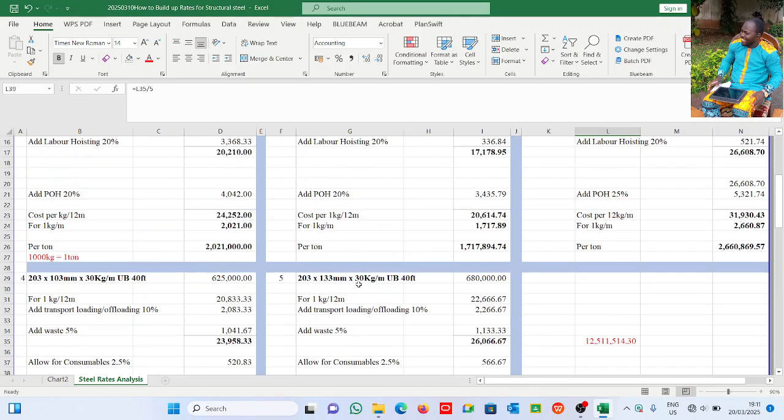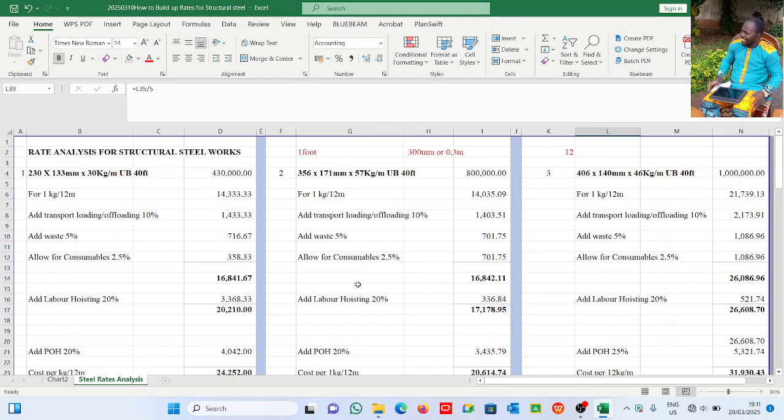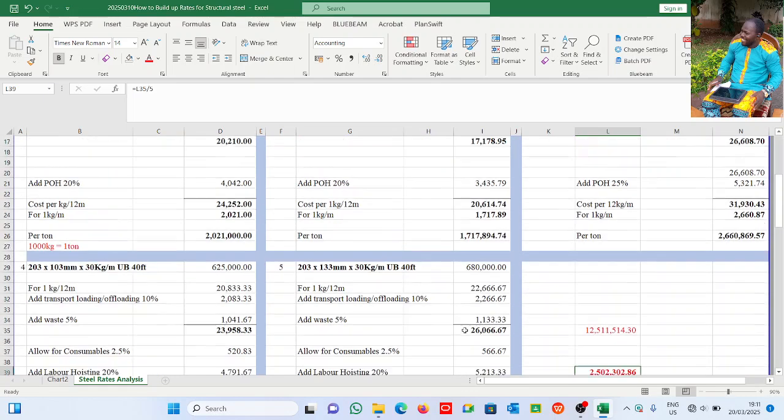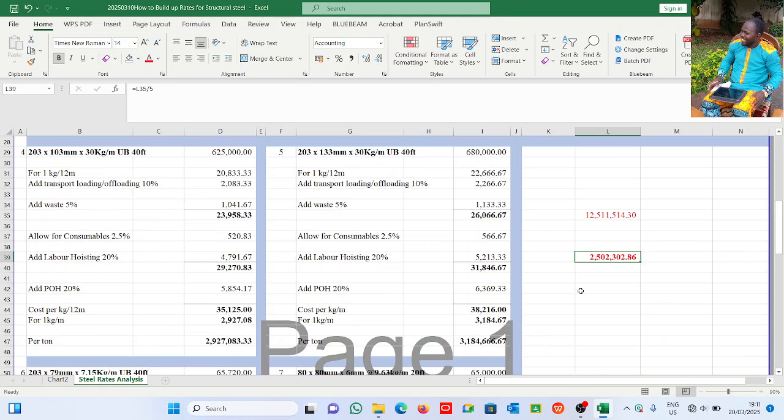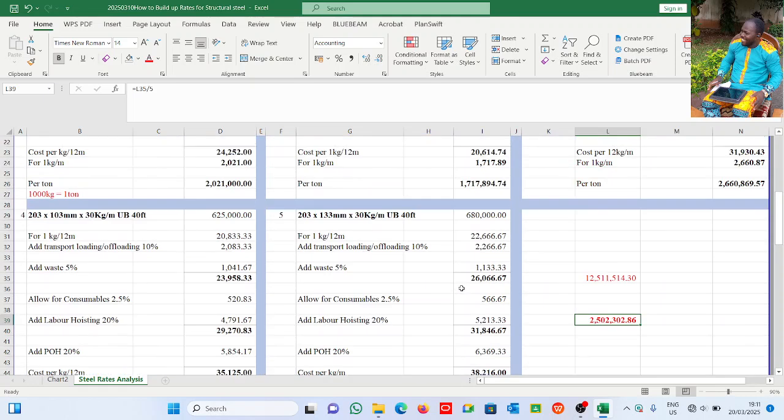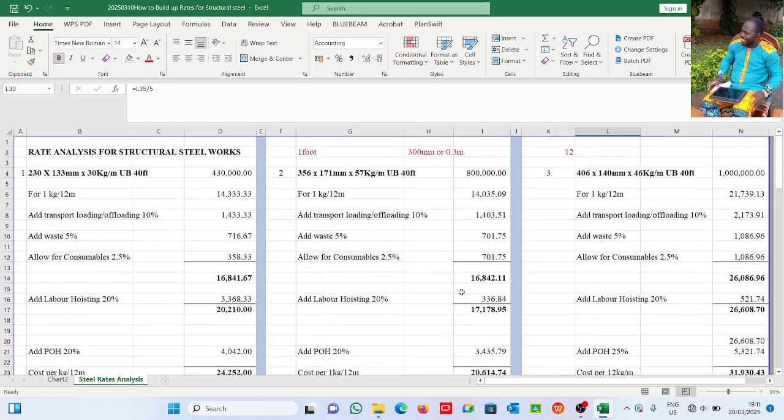All right, so basically this is how you prepare the analysis for steel, so that next time when you see a rate of steel, they say 2.5, and you say, but they have different sections, how is it 2.5 million? This is how it is done, right? So jump off the wagon of asking John, what is the rate of steel? Tell me, what is the price of this item? Now build your own rate.